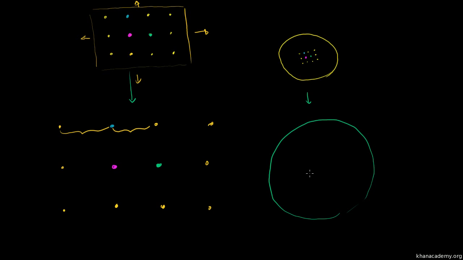So once again, you have your magenta, you have your blue dot, you have your green dot right over here. And then let me just draw the rest in yellow. So they will have all expanded away from each other on the surface of this sphere. And just to make it clear that this is a sphere, let me draw some contour lines. So this is a contour line, just to make it clear that we're on the surface of an actual sphere.